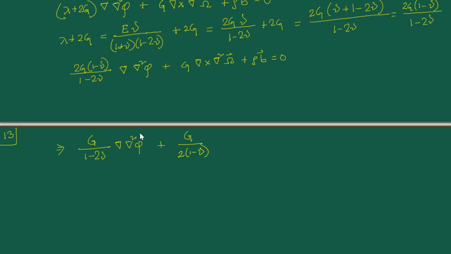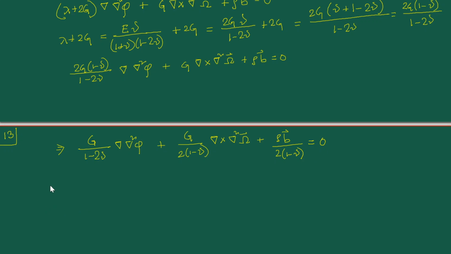This 2 into 1 minus nu comes from this numerator here. I have to write this properly also: this rho b vector divided by 2 into 1 minus nu is equal to 0.